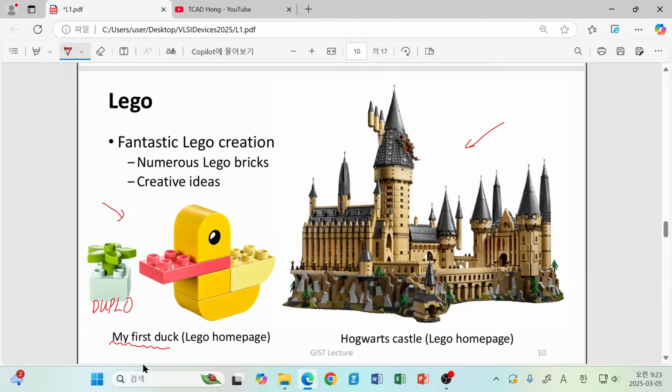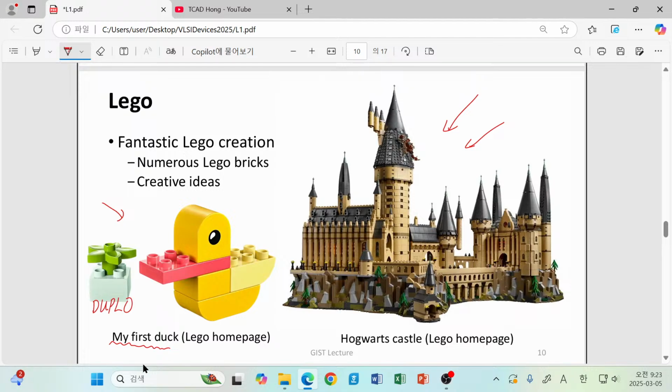So let's say that your boss comes to you and asks, build this Hogwarts castle for display. And if he or she gives you just Duplo blocks, tons of Duplo blocks, and asks you to make it, then what will happen? If you are a genius in Lego creation, you still cannot build this beautiful one with Duplo bricks. In order to make it, at least you have to have a normal Lego brick.